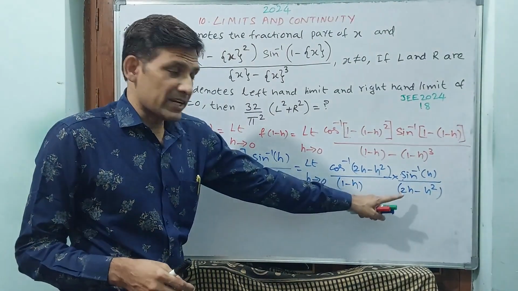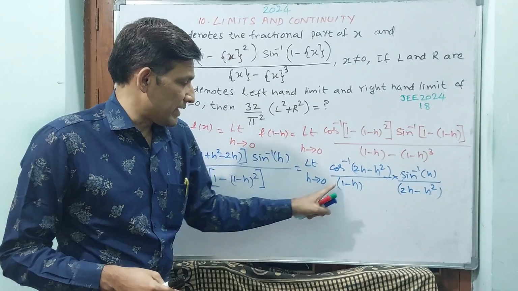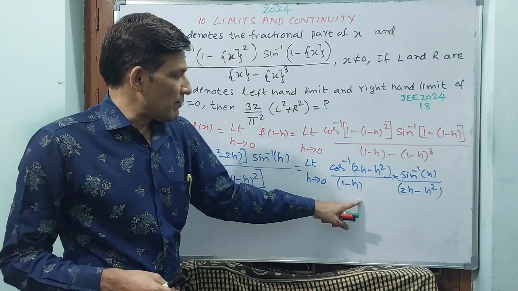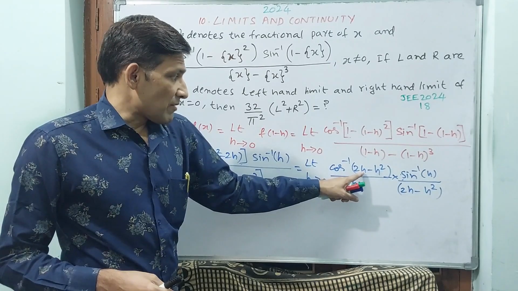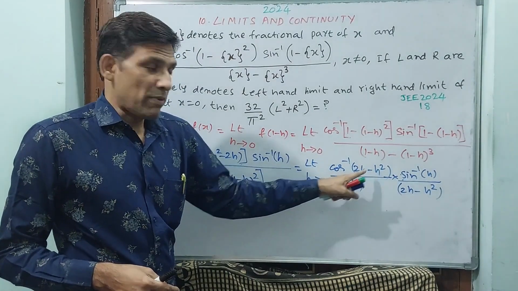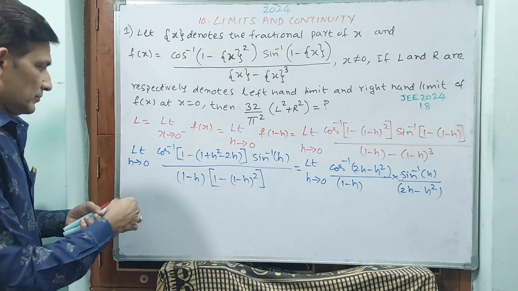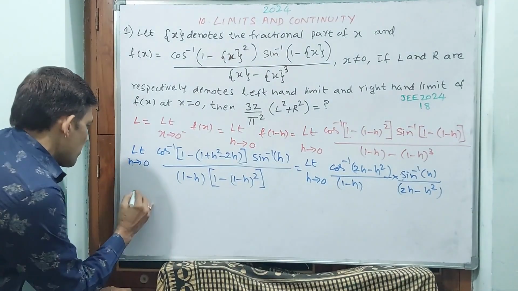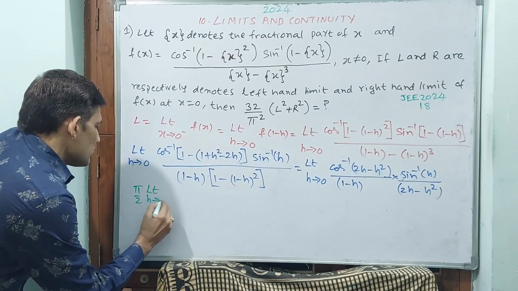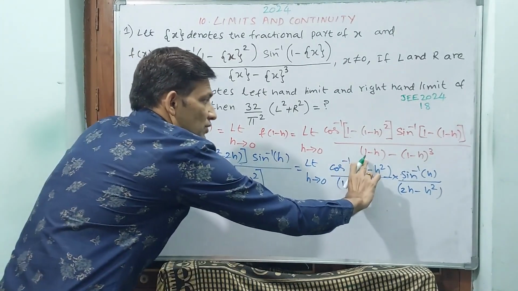Why? Because multiplication is there. This I am not applying, but this I am applying. If I apply 0 here, 1 minus 0 is no problem, the denominator 1 will come. But for cos inverse of 0, it is pi by 2. Pi by 2 you take out, and the limit h tends to 0. This is over in this case.